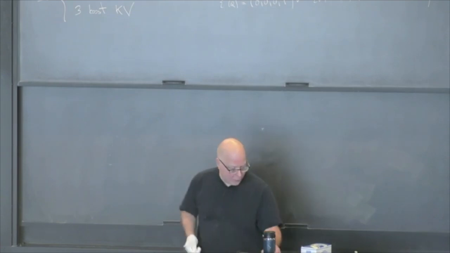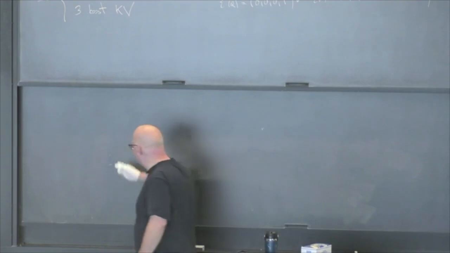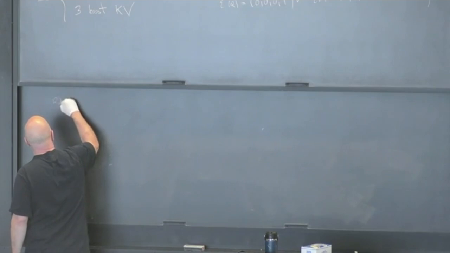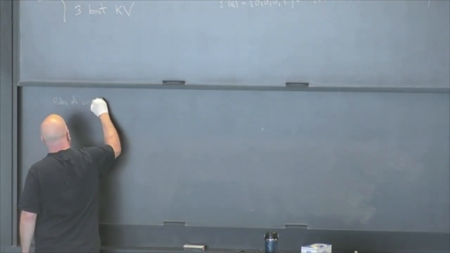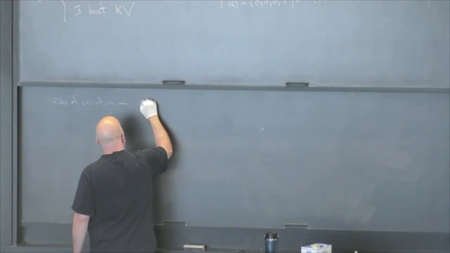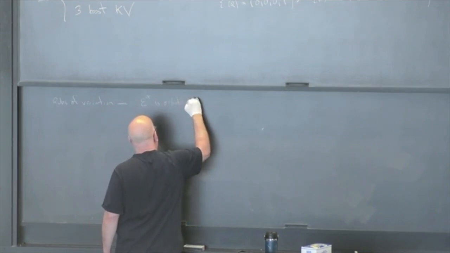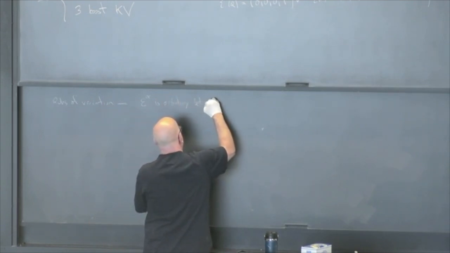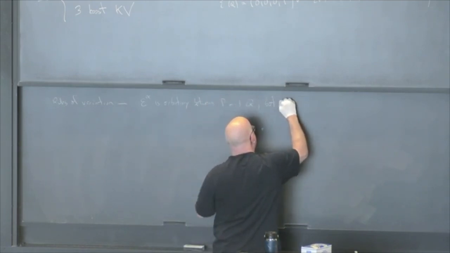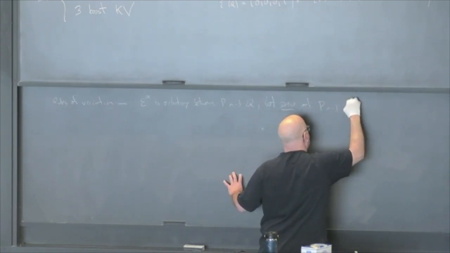So first we spell out the rules of variation. And that means that epsilon is arbitrary between P and Q, but 0 at P and Q. So that's what we mean.